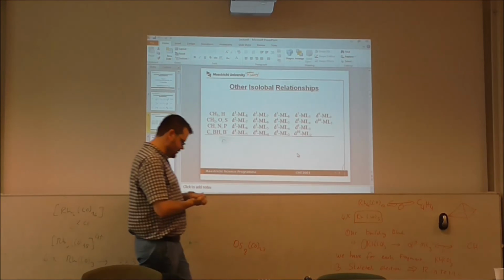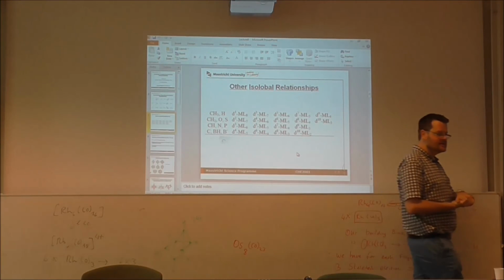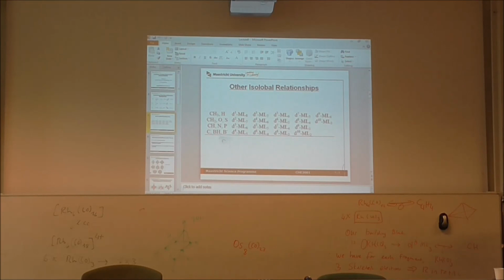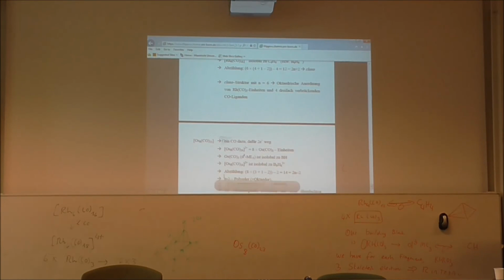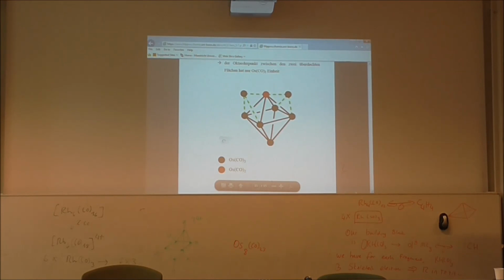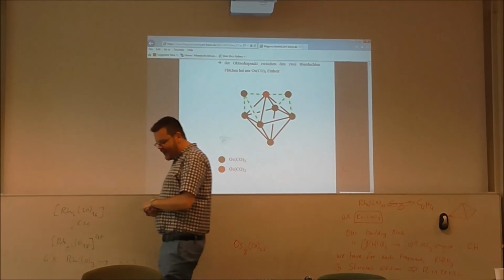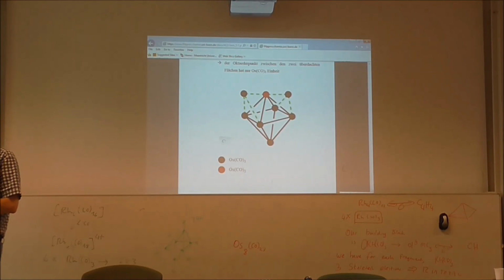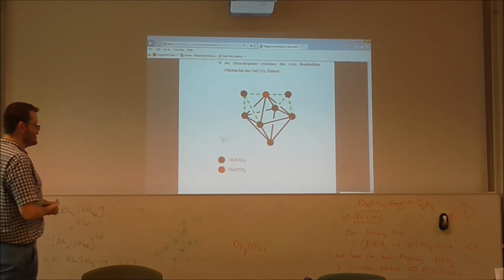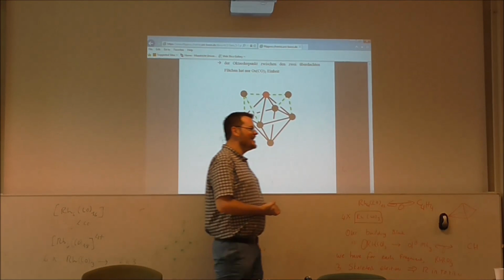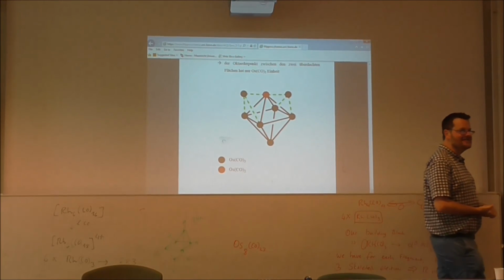Alright, let's have a look at the solution. I'm going to give you the solution. That is the solution. It is a bicapped octahedron, which essentially has two additional vertices.